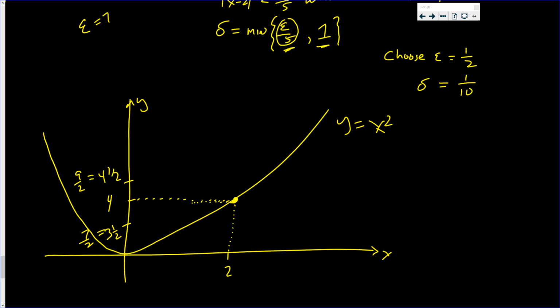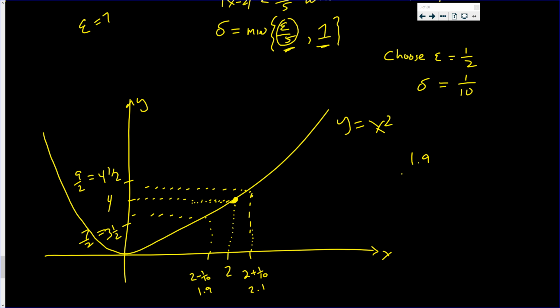I claim that if you go to 2 plus a tenth, 2.1, or if you go to 2 minus a tenth, which is 1.9, I claim that f of the stuff in here would lie in between.